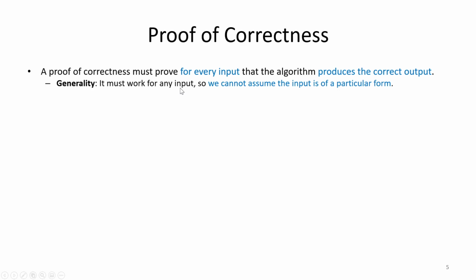Okay, so a common pitfall is to say, well, let's imagine our input looks like this and then show that our algorithm works. Well, all we've actually done is shown that it works for that input, not for all the inputs. And the point of a proof of correctness is to show that it works for all the inputs.